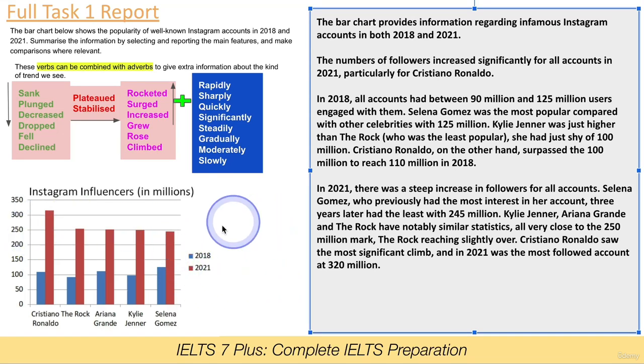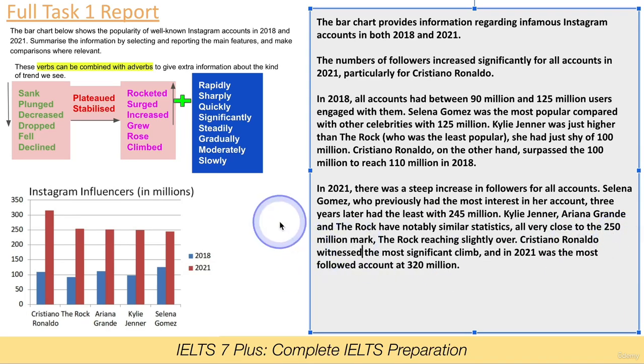Yes, that's okay. Kylie Jenner, Ariana Grande, and The Rock have notably similar statistics, all very close to the 250 million mark, The Rock reaching slightly over. Cristiano Ronaldo witnessed the most significant climb, and in 2021 was the most followed account at 320 million.